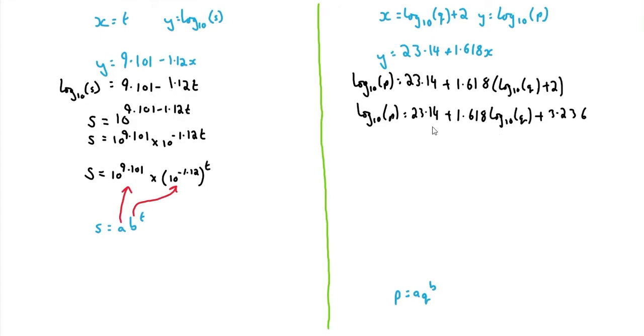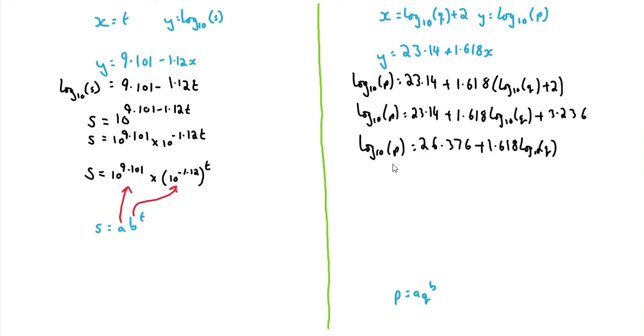Then we can just bring together those two as both regular numbers, so we just add them together. So again, log base 10 of p. That's now therefore going to be 26.376. Still add the 1.618 log of q.